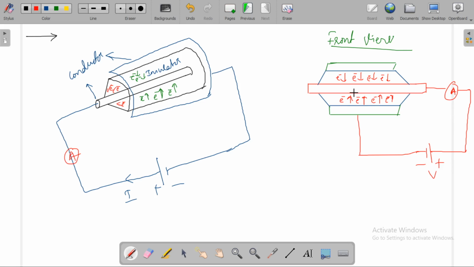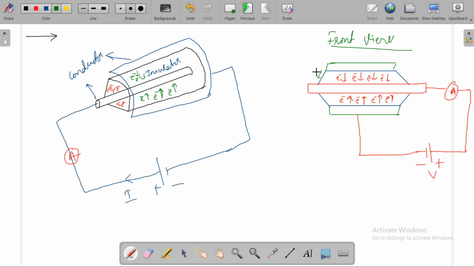Now these electrons are flowing through the volume. In addition to these volume electrons, we have surface electrons, that is electrons which are flowing through the surface. Let me indicate those surface electrons.